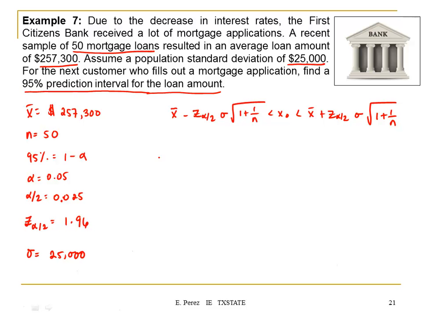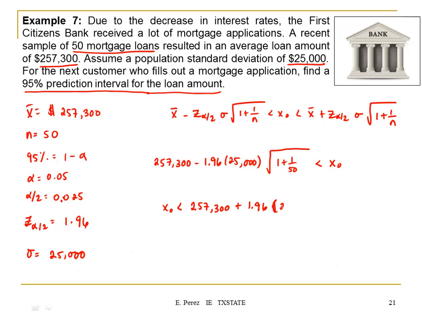So we have 257,000 minus 1.96 times 25,000 times the square root of 1 plus 1 over 50, less than x0, and x0 less than 257,000 plus 1.96 times 25k times the square root of 1 plus 1 over 50.